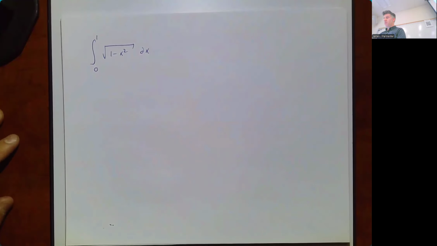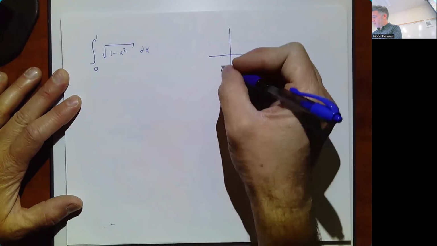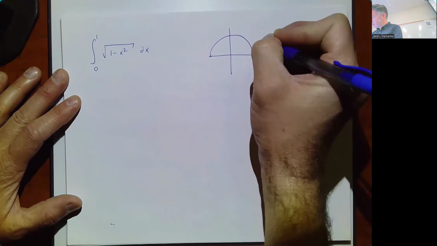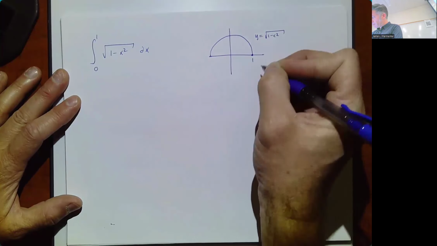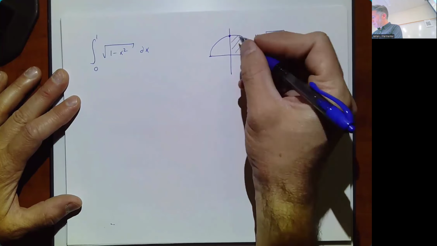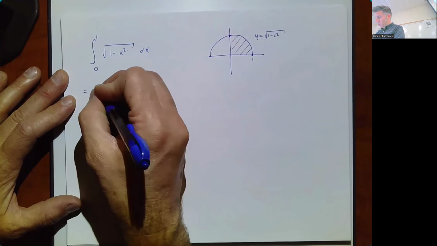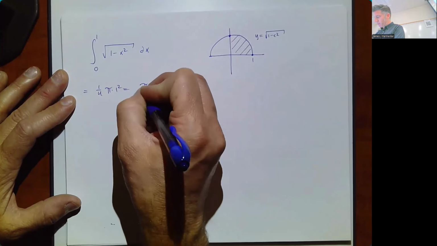That shape, y equal to the square root of 1 minus x squared, is the top quarter of a circle. If I'm graphing y equal to the square root of 1 minus x squared, it's just a circle of radius 1. And I'm getting this area right here. So that integral is going to be 1/4 of pi times 1 squared, which is just pi over 4.